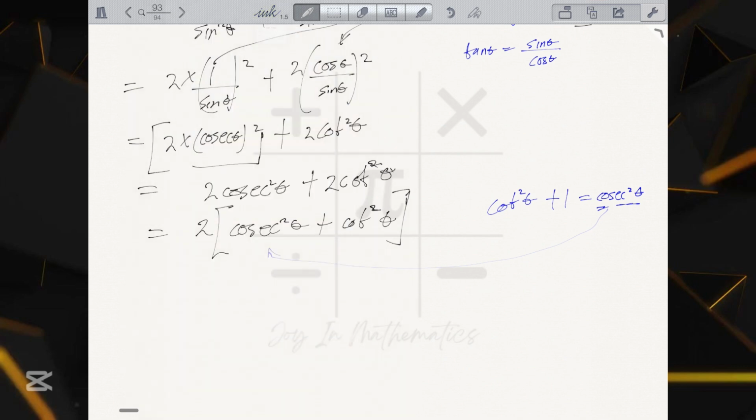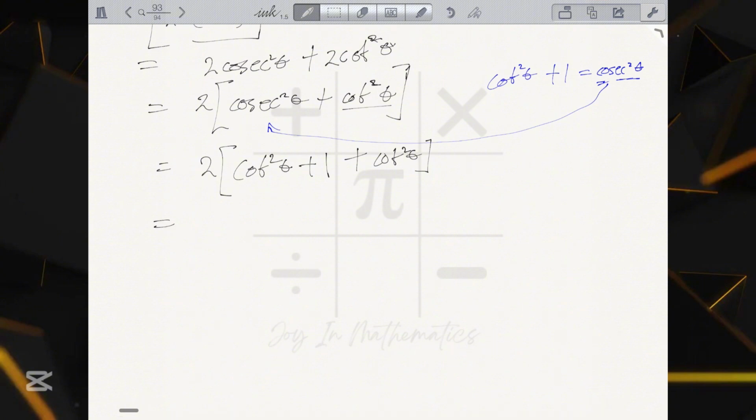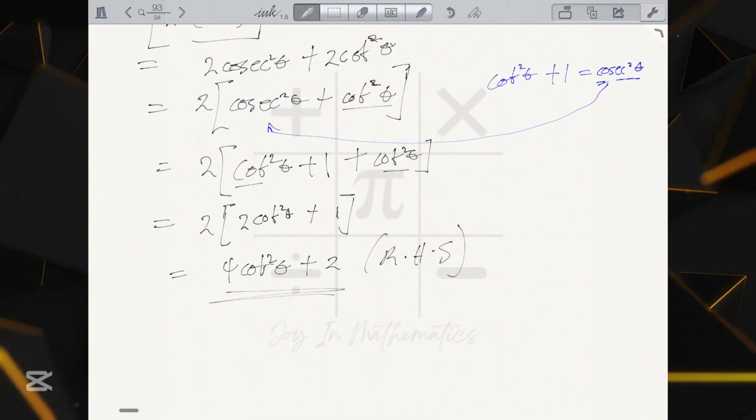Substituting that, we'll have 2 into cot squared theta plus 1, plus our cot squared theta. Simplifying further, we'll have 2 into 2 cot squared theta plus 1, and if we open the bracket with 2, we'll have 4 cot squared theta plus 2, which is the same thing as what we have on the right hand side.